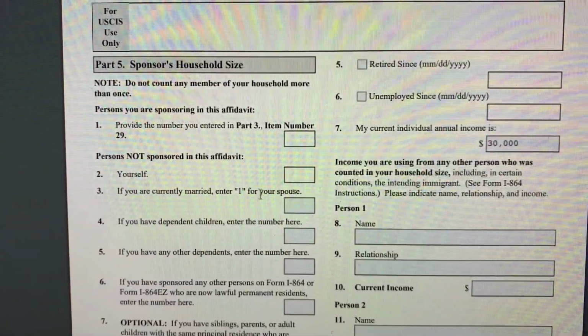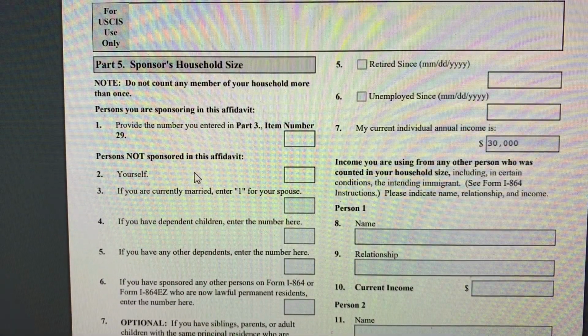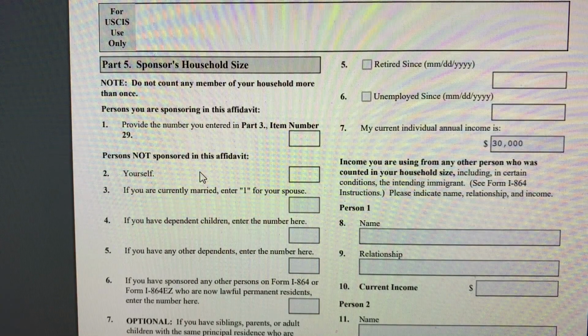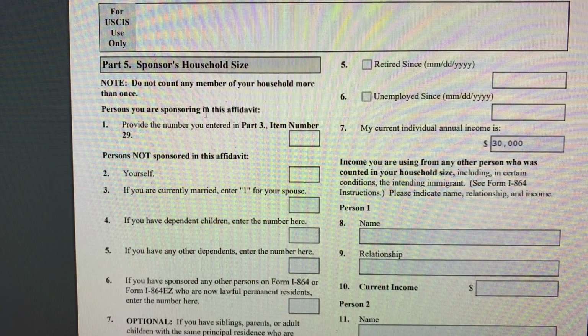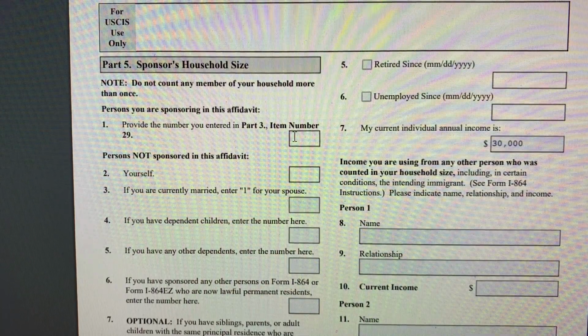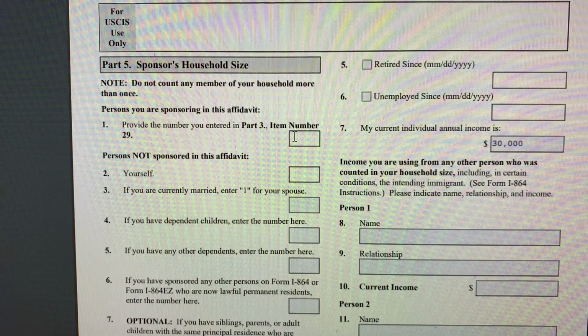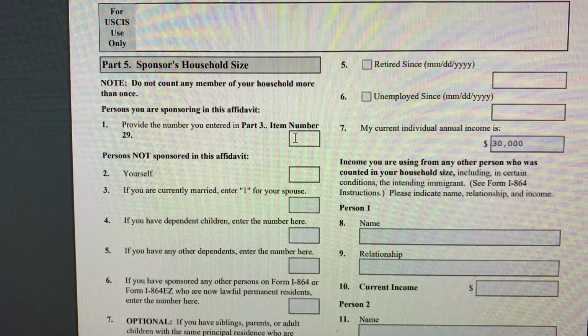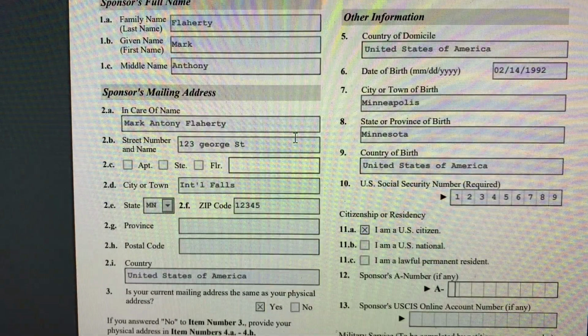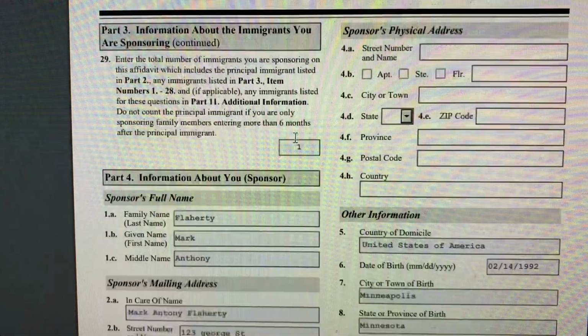Sponsor's household size. In your household, the persons you are sponsoring in this affidavit, provide the number you entered in Part 3, item number 29.